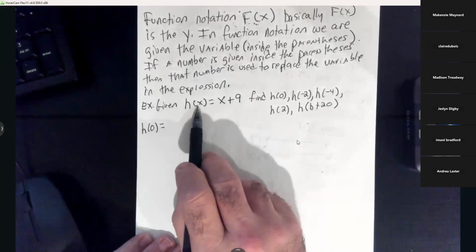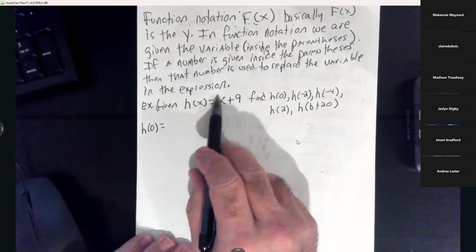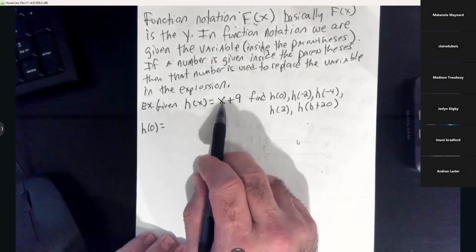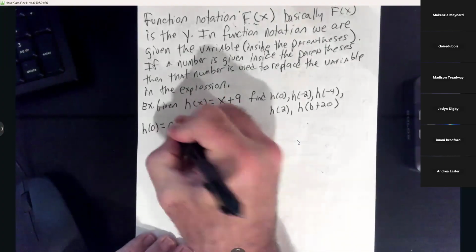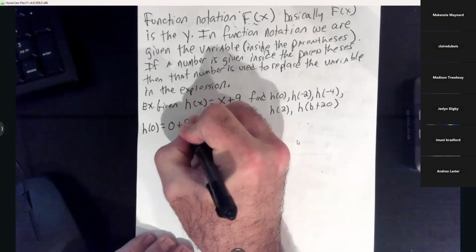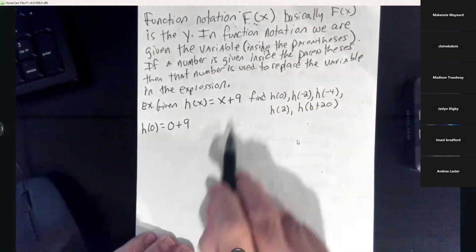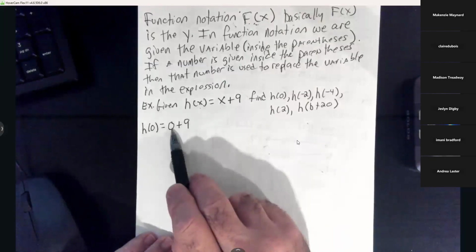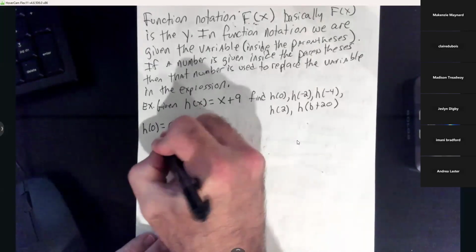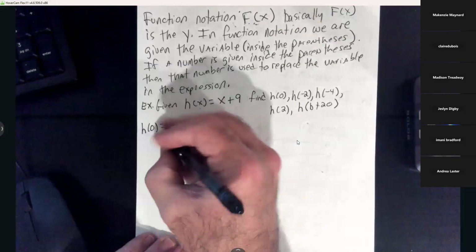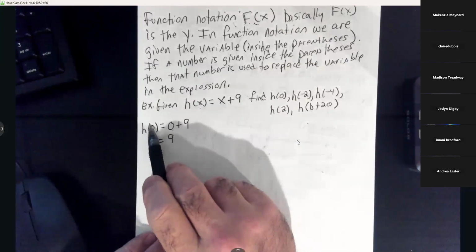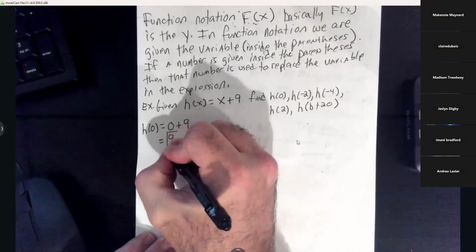So h of 0, I'm going to take this expression and put a 0 in for the x. That's going to give me 0 plus 9. If you add 0 plus 9, you get 9. So that means h of 0 equals 9.